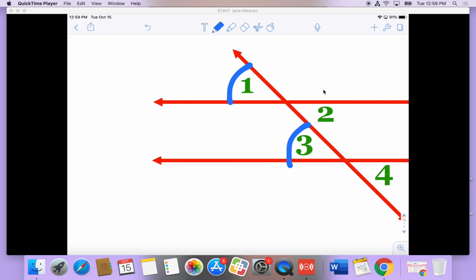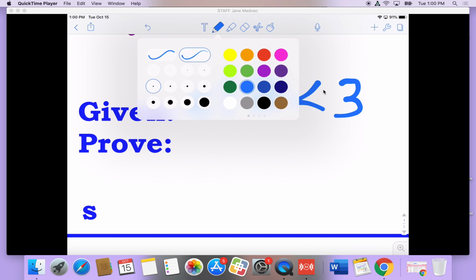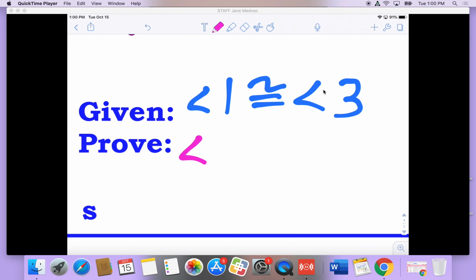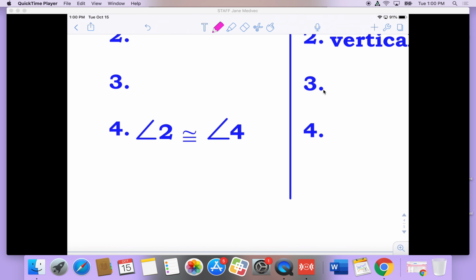And then you're going to notice that they're going to ask you to prove that angle 2 is congruent to angle 4. And you're going to notice that in the proof, that's at the bottom. That's right here. This is what you're trying to prove.